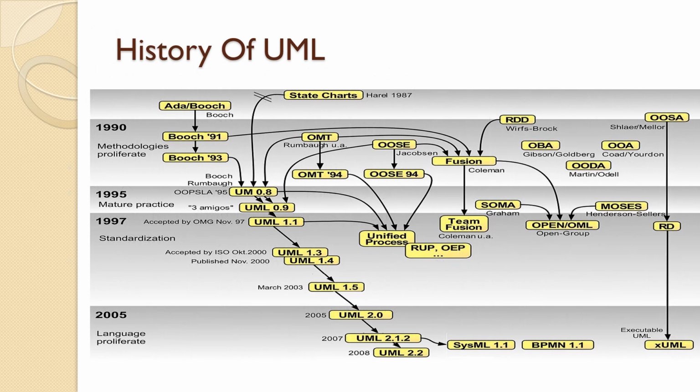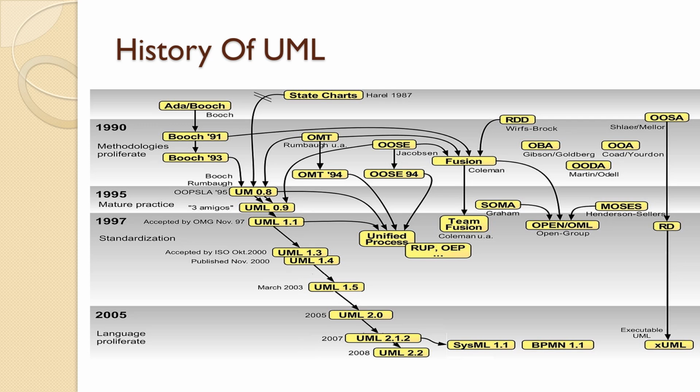So this is the history of UML. In the 1980s, many different methodologies were developed to model object-oriented systems, each with its own notations and approaches. Some of the most prominent were the Booch method, developed by Grady Booch, the Object Modeling Technique, introduced by James Rumbaugh, and OOSE, object-oriented software engineering.